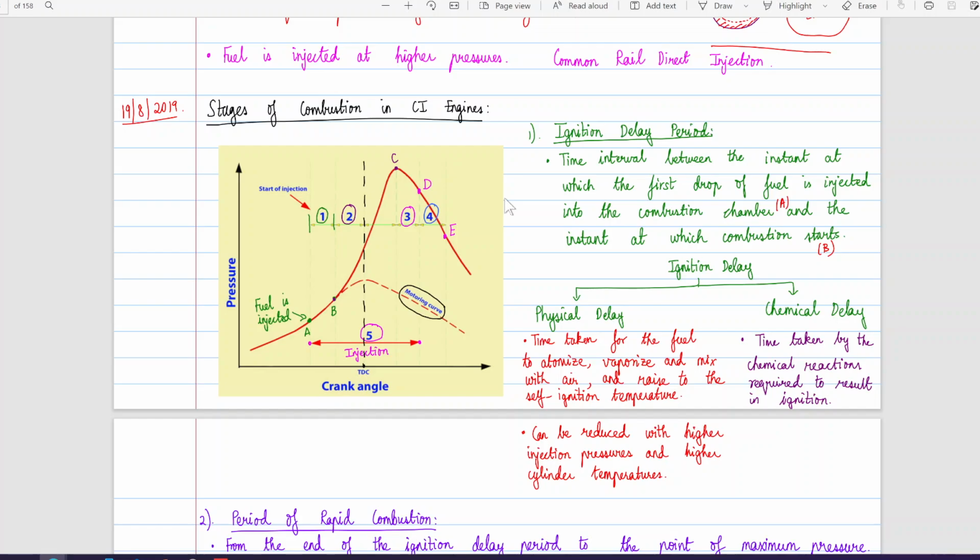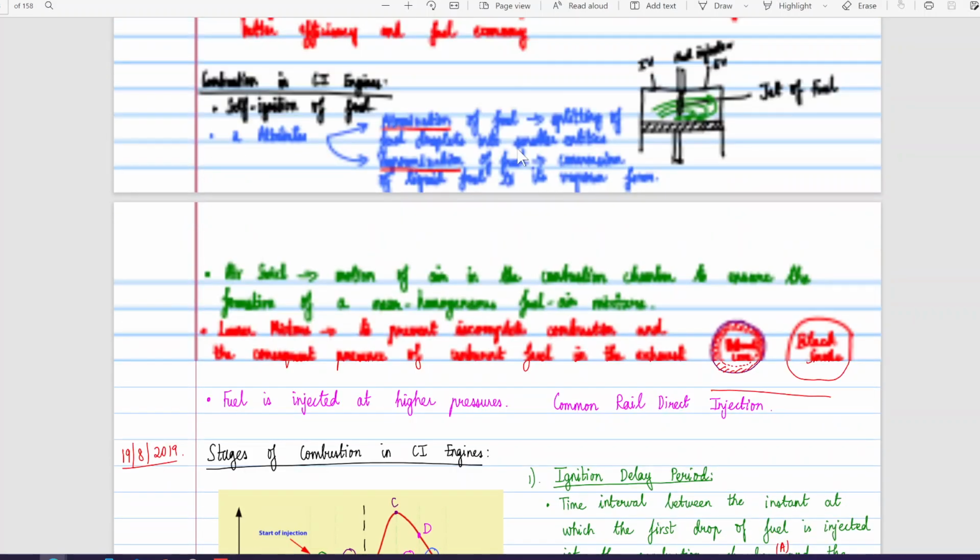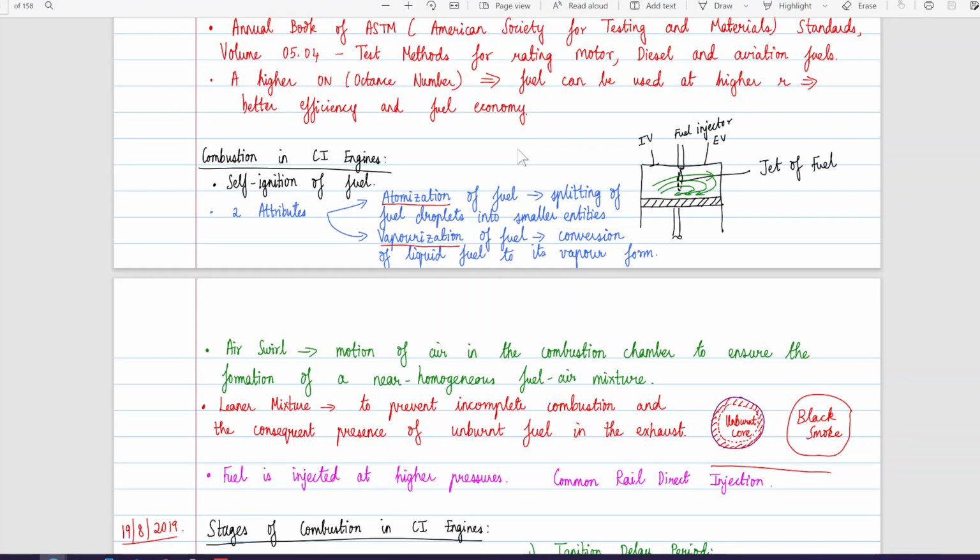So do we have any questions from people at this particular point, in the aspects of combustion or anything else?